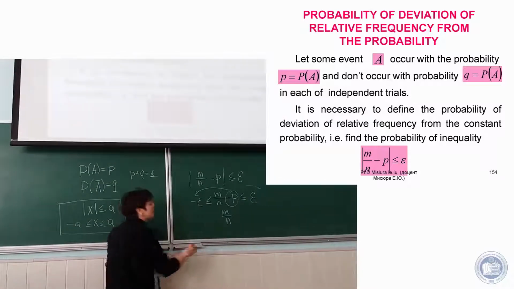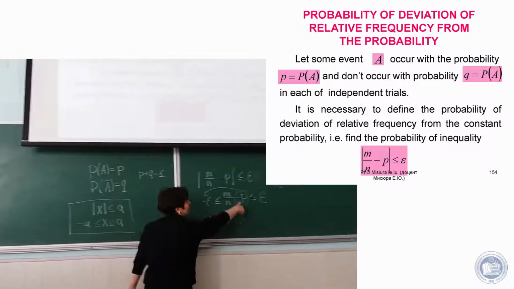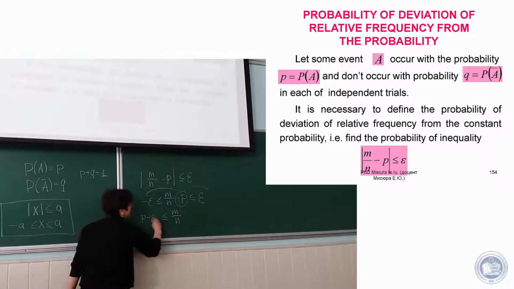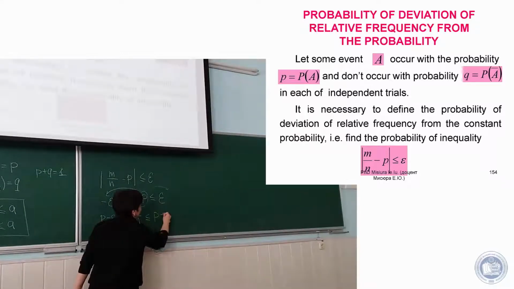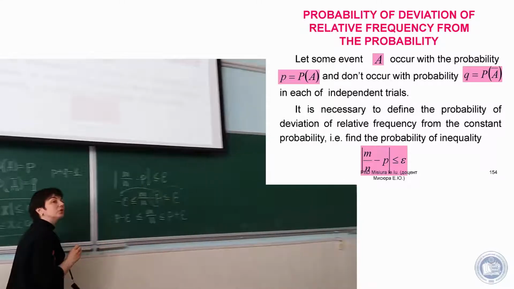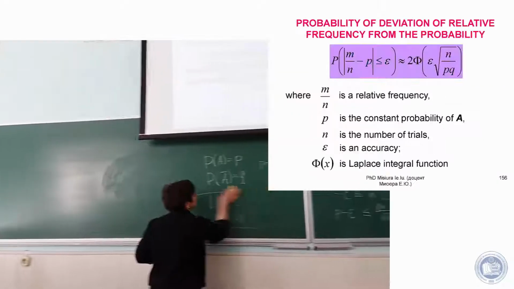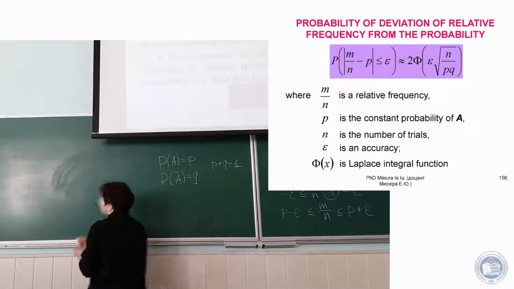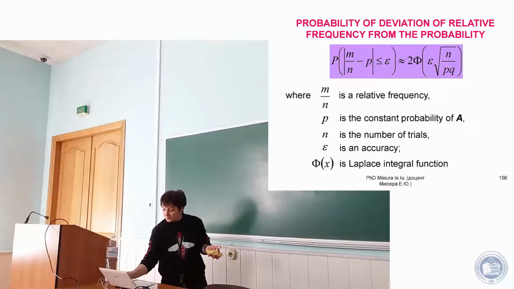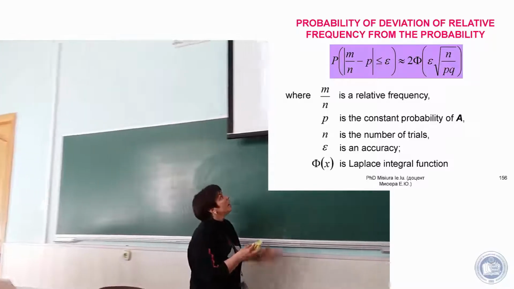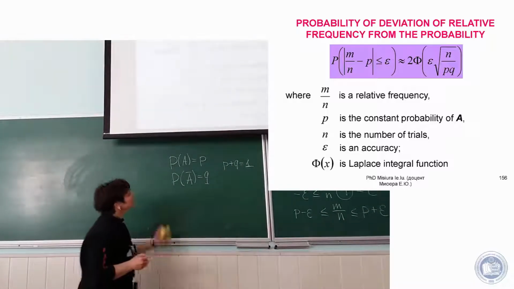Let's call the left side of this inequality p minus epsilon, and p plus epsilon. Is all clear? Students, this value m divided by n is called relative frequency, относительная частота. Let's copy out. M divided by n is called relative frequency.